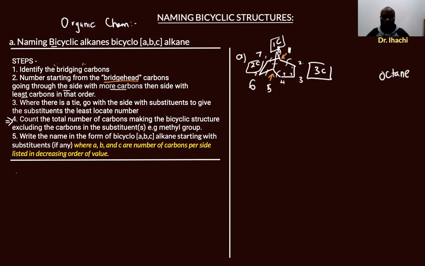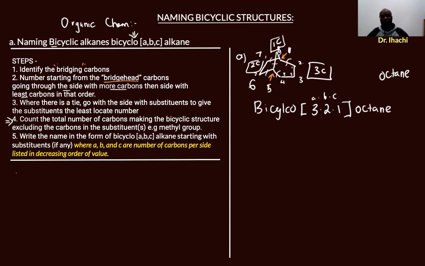So the name of this compound will be bicyclo. Writing in this format, it will be bicyclo, and then brackets 3.2.1. So that's my A, B, C. And then the total number of carbons is 8, octane.